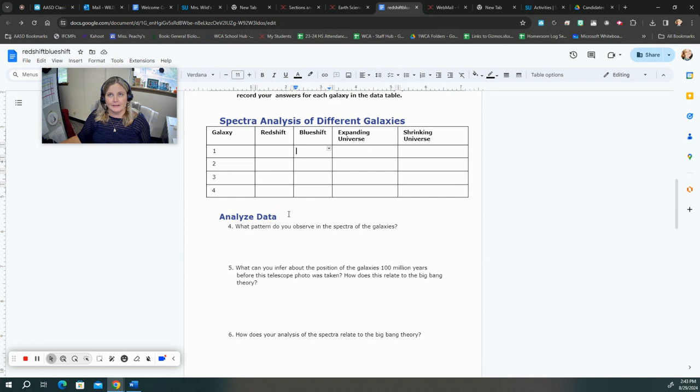Now let's think of it from the perspective of the galaxy. If objects are moving towards the Milky Way, so let's say that this is the Milky Way galaxy. I don't know if that's a great example.